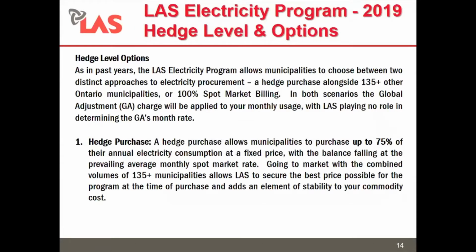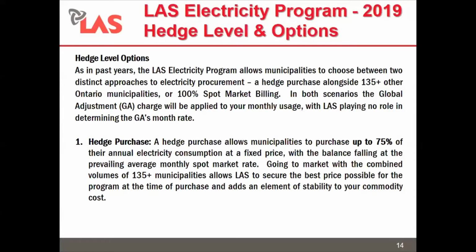So I'll go over our 2019 hedge level and options. We just went through our hedge this year, as I had mentioned. So we awarded that November the 1st. In past years, we allow municipalities to select between two different approaches.